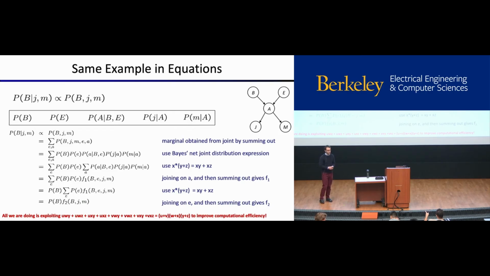Yes? When you say E, does it mean that we need it to be the earthquake? That's a good distinction. When we see a lowercase letter, if there's a summation, it still means we care about one value at a time, but we're also summing over all the values. Here, this thing is a table that's 2 by 2 by 2.